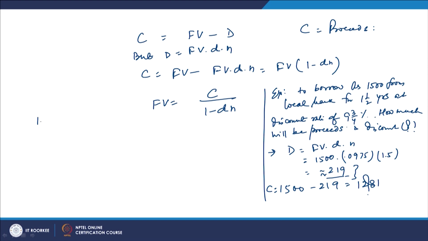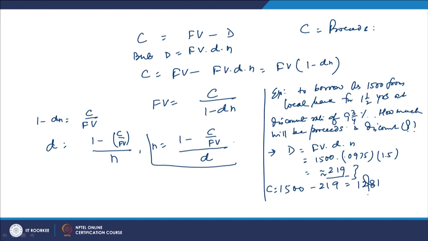From here you can get the value of d, and it is d into n. The discount rate d will be 1 minus C by FV divided by n, or if you have to find n, then n will be 1 minus C by FV divided by d.